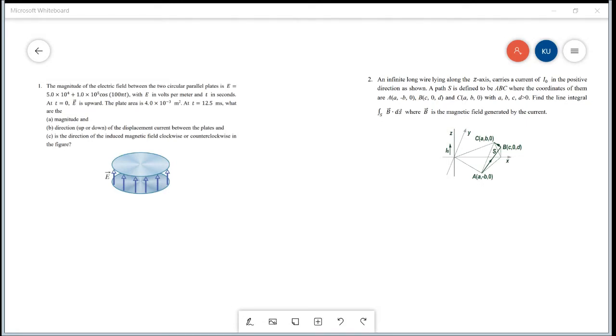Okay, in this video we talk about the solution for the assignment of chapter 32, which is the Maxwell equation. Actually, in this chapter, we mainly talk about the magnetic version of the Gauss law, which is even easier than the electrical version, because there are no monopoles of the magnetic.